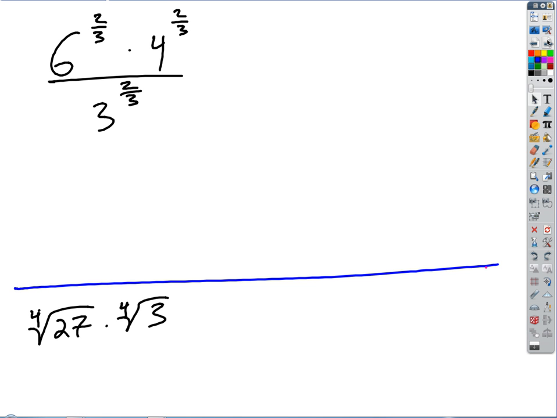Yes, well, you can't add the exponents, but remember our rule of exponents. I'm gonna write it down here. So you tell me, what would you do if we had a to the m times b to the m over c to the m? Combine A and B, put C on the bottom.